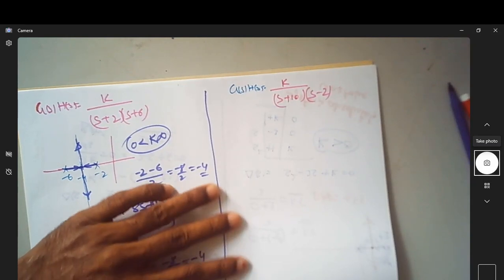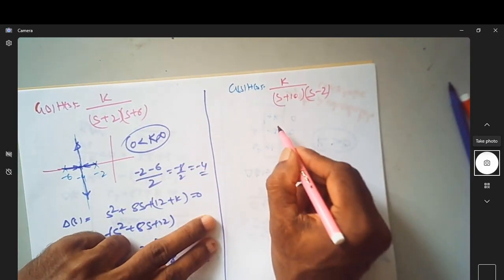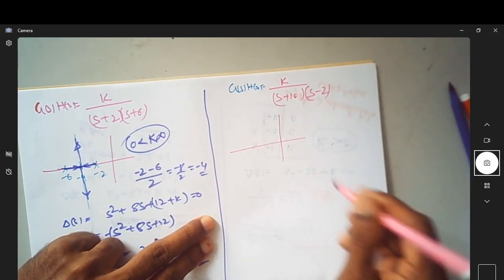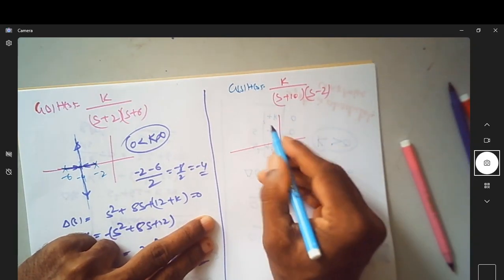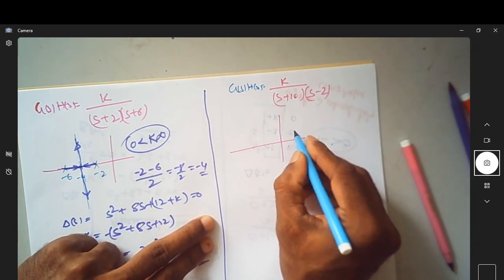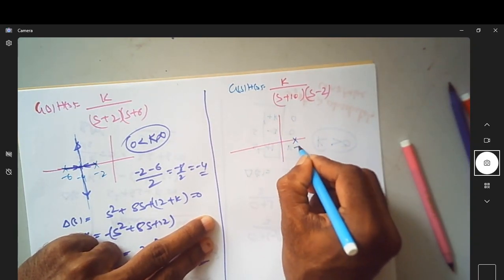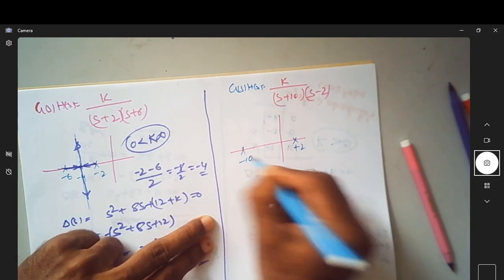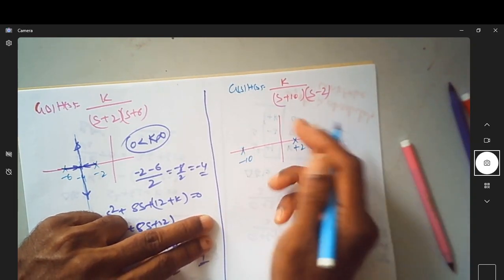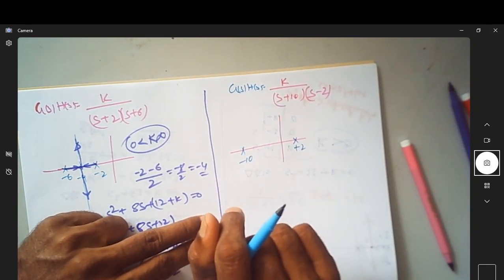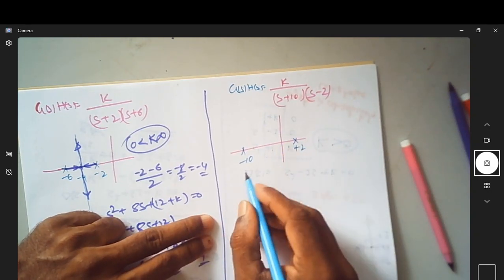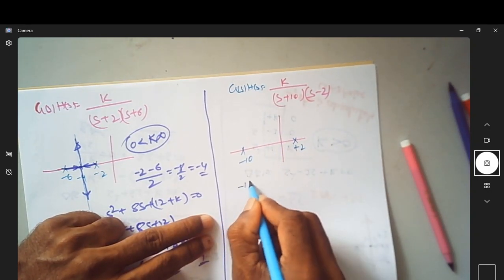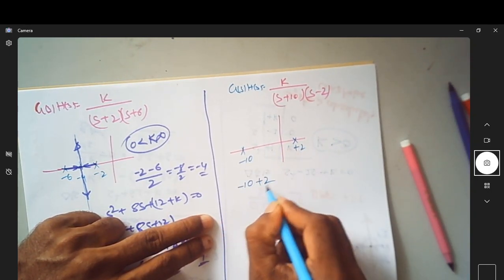So for this, let us predict the positions. So this is at plus 2 and this is at minus 10, correct? So let us try to predict what is the centroid. So where is the centroid of the asymptotes? Is it not minus 10 plus 2?